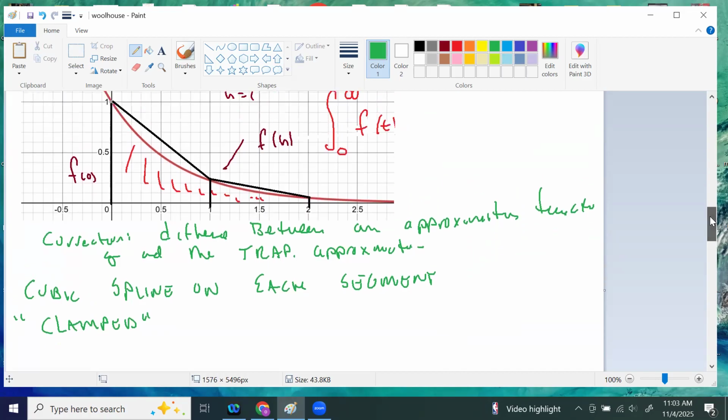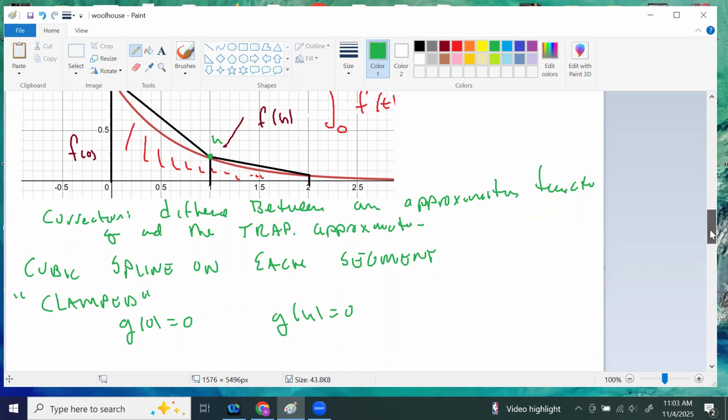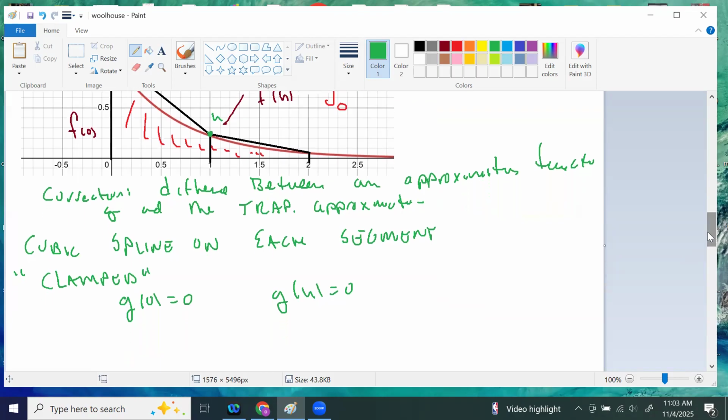So what we end up doing is that we have the knot right here, the knot at h and the knot at 0. So for the function we're going to approximate, we're going to have g of 0 equaling 0. We're going to have g of h equaling 0, because there's no difference between the function we're approximating and the trapezoidal segment, the top part of the trapezoid, right? So we have that. We also are going to specify derivative conditions.